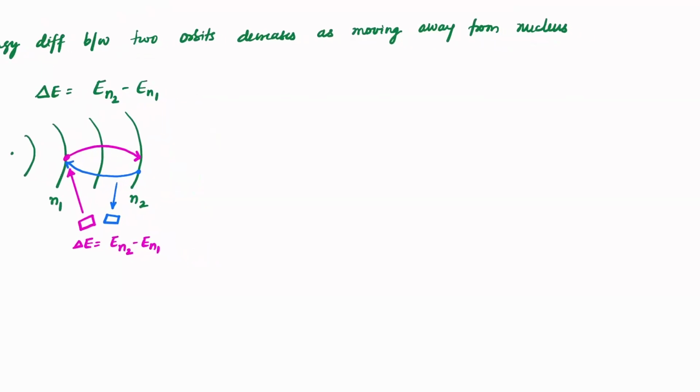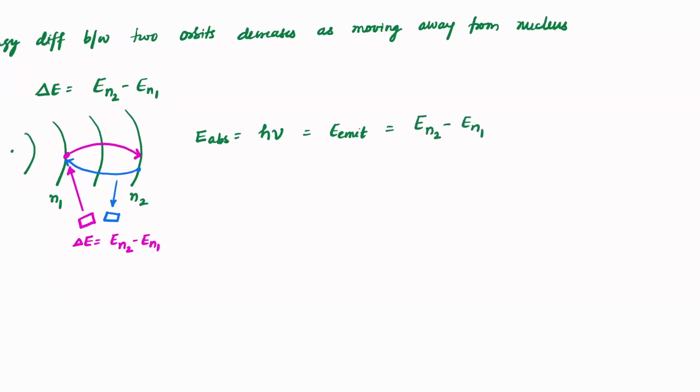So this is the amount of energy that you will get. And since the transaction of energy is always in the form of photons, hence energy of the photon, you know that. So the energy which it is absorbing is also in the form of h nu, and the energy which is emitted will also be in the form of h nu. And that emitted energy will be between the energy of the n2 orbital minus the energy of the n1 orbital.